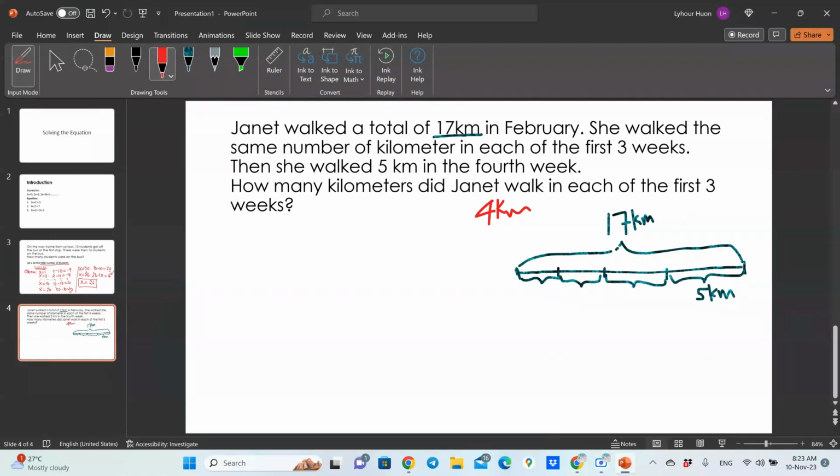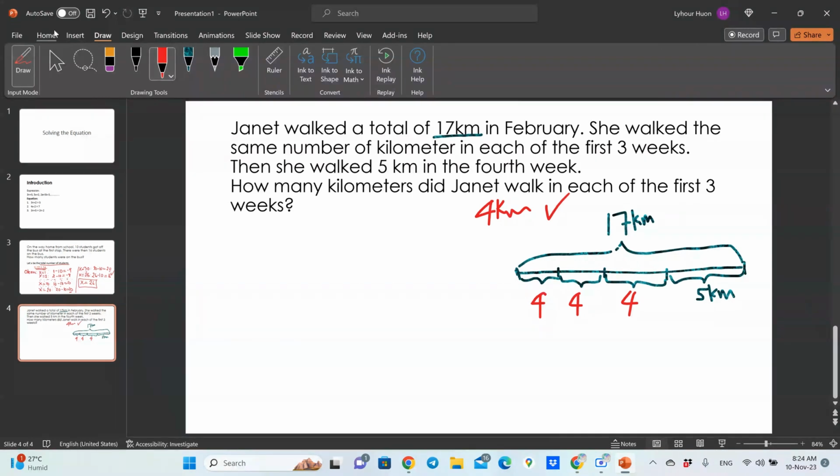But that wasn't right, so I did 4 times 3, which equals 12, and then I added 5 to that. So we can verify: this is 4, this is 4, 4 plus 4 plus 4 is 12. 12 plus 5 is 17. So we can verify this is the correct answer.